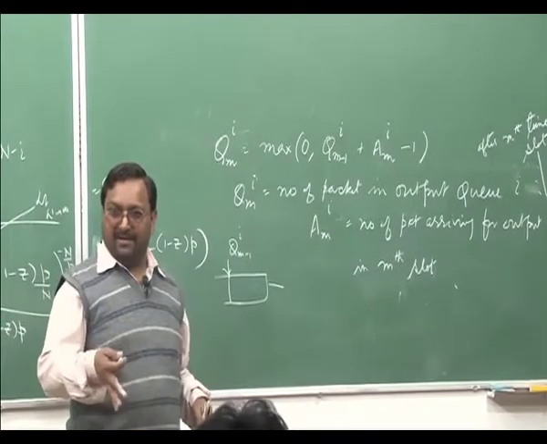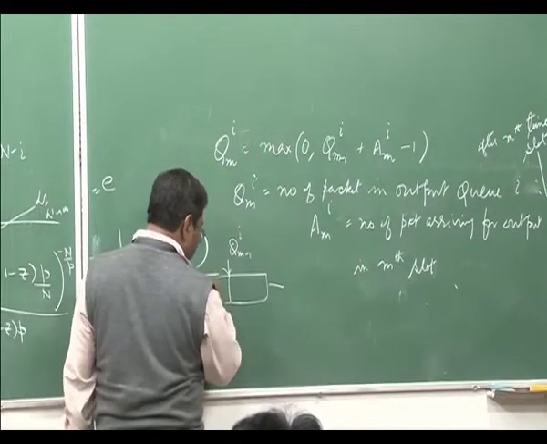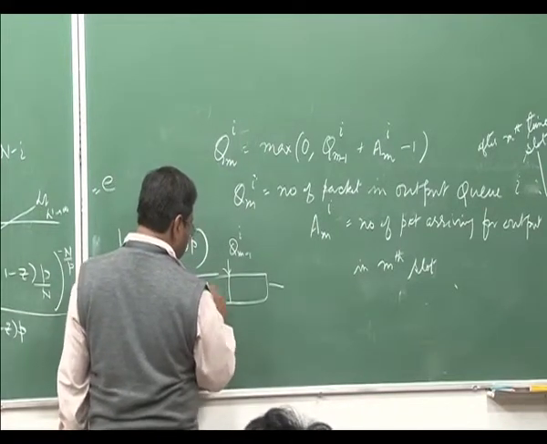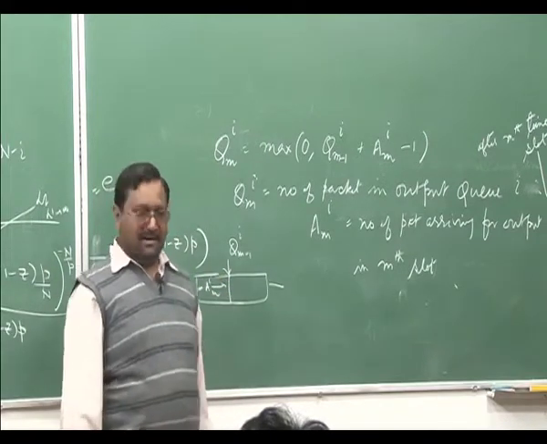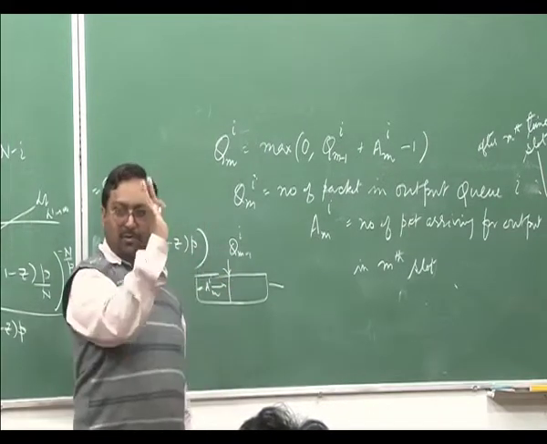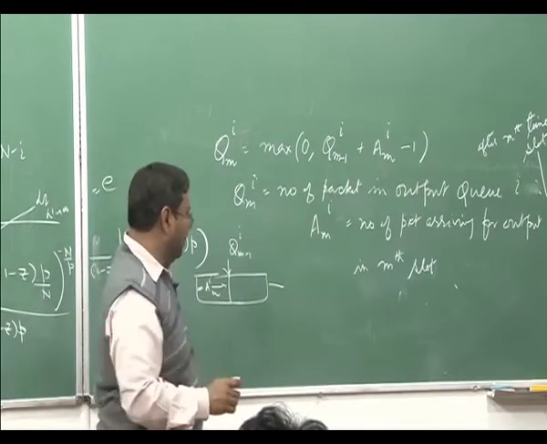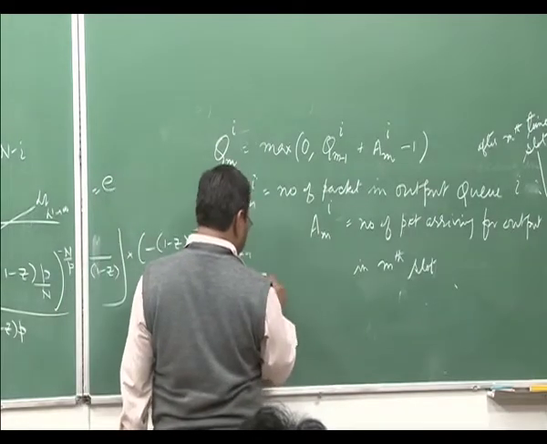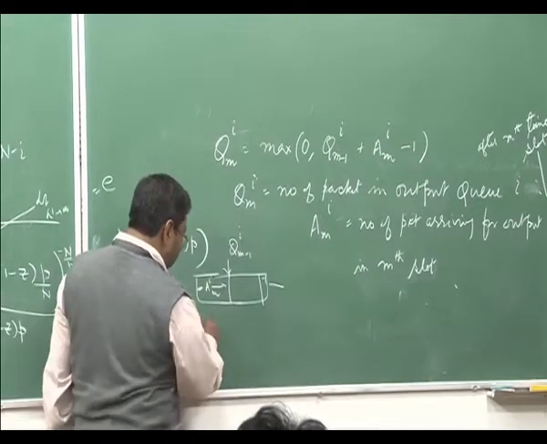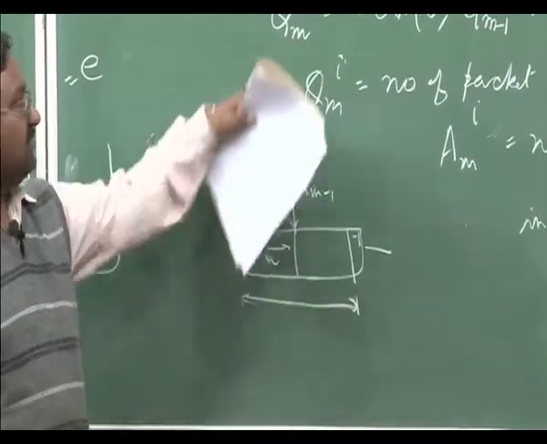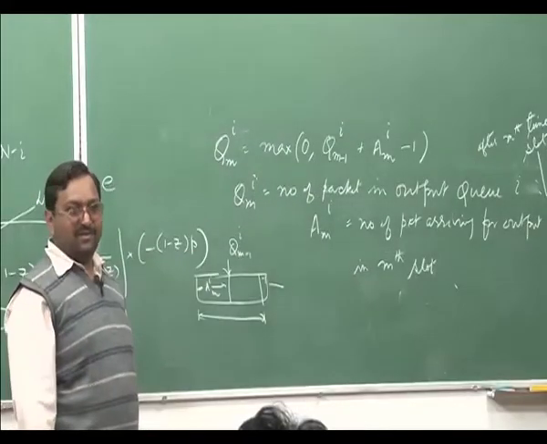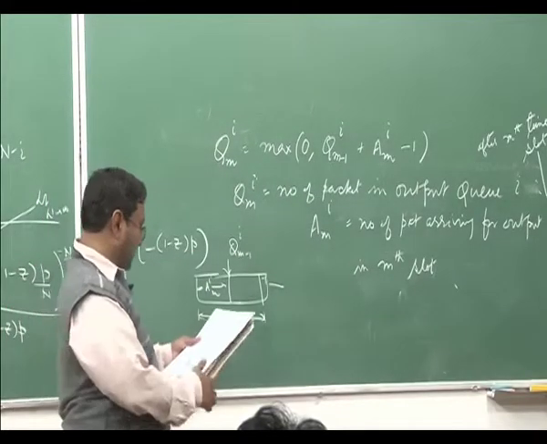New batch will be coming. So that batch will now fill it up. So this size will be AIM. In this time slot, one packet will also go out in mth time slot. So I just remove this, it is minus 1. So this is the size which will be left at the end of the mth time slot. That is what it means. Okay.